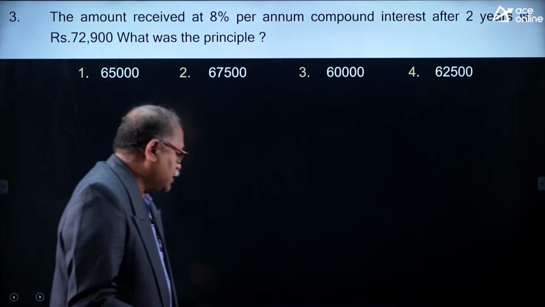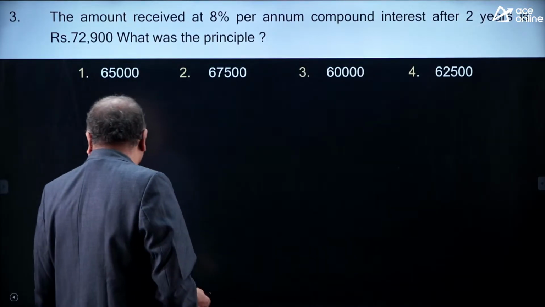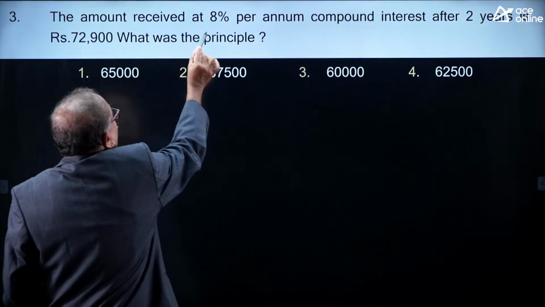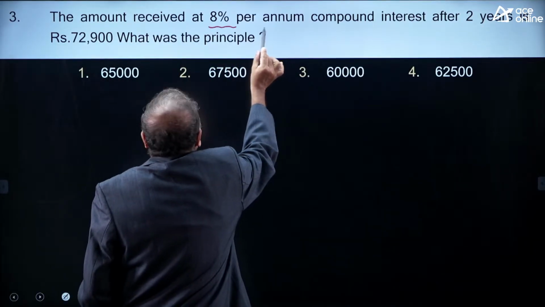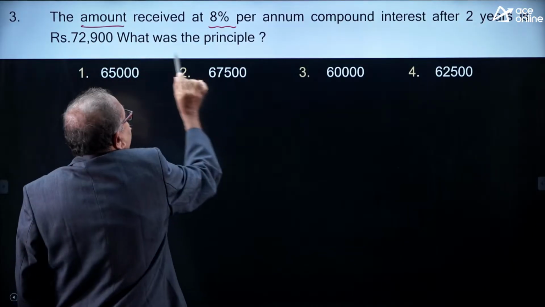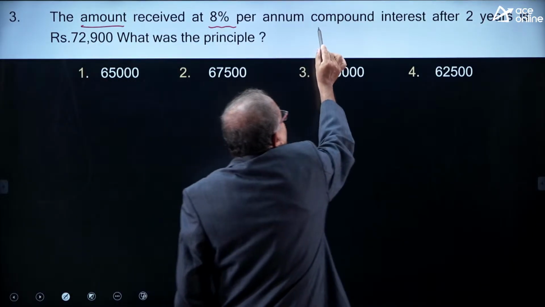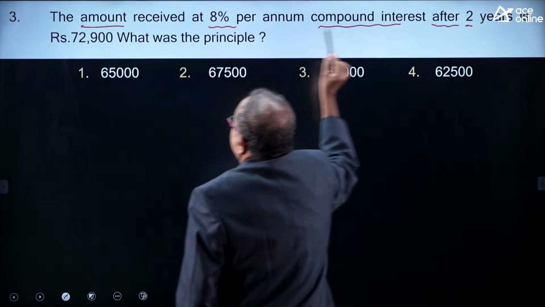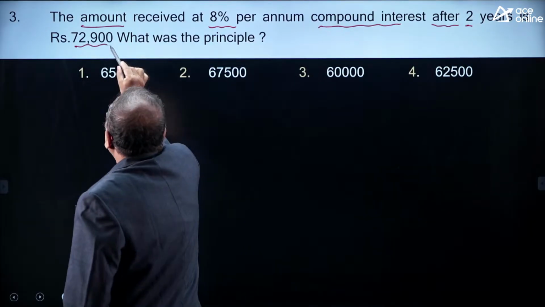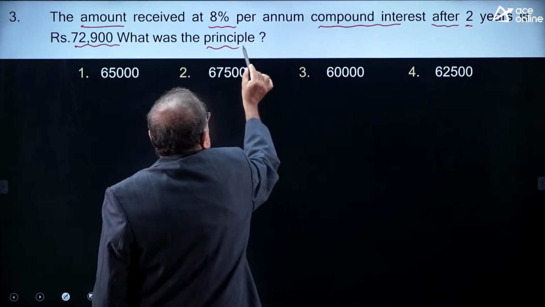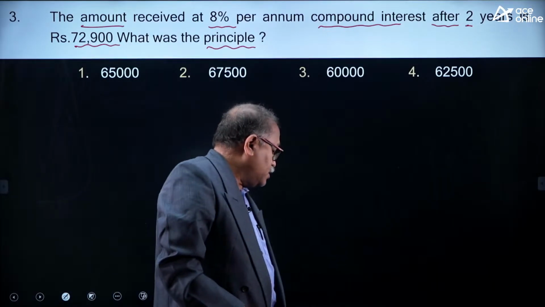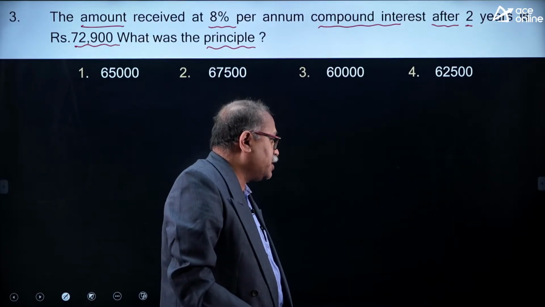Next question over here is this. Look at this one. The amount received at 8% per annum in compound interest after 2 years is 72,900. Then what is the principal? You know that this kind of question comes in the prelim.